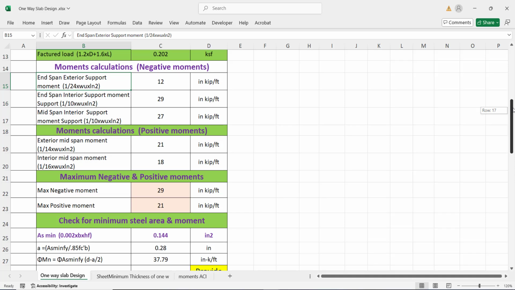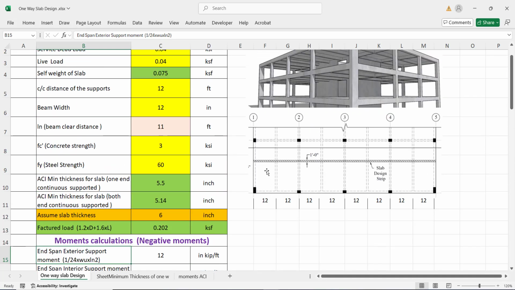So suppose this span is actually, if I take this one span, this is the exterior span. So one moment will be here negative, and the other will be here negative. Okay, so these 2 moments will be negative. This is the end span, this is the exterior end, and this is the interior end span.